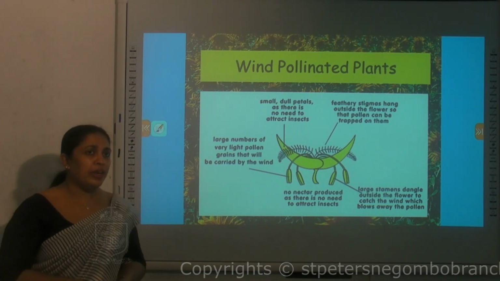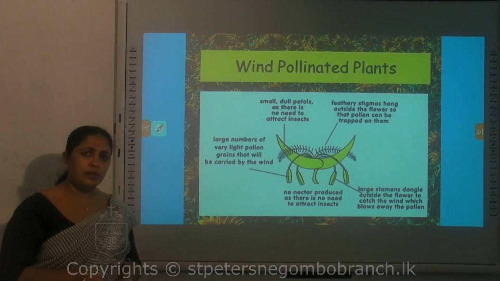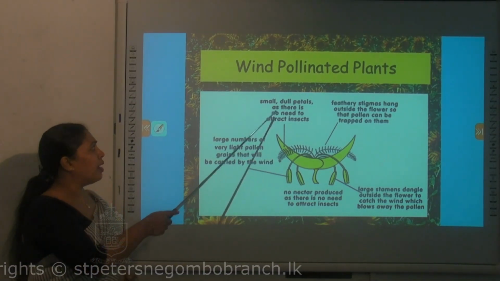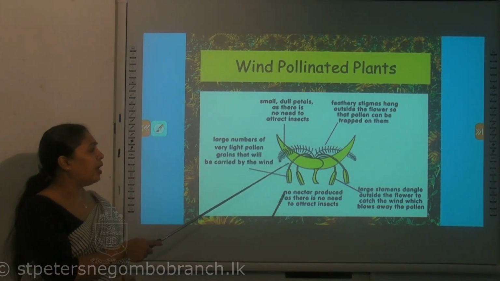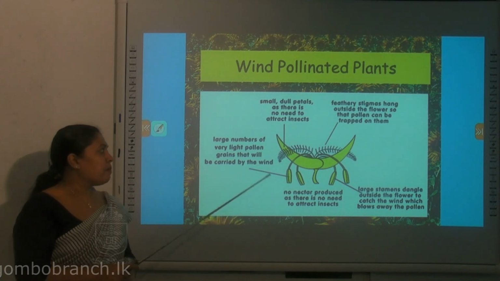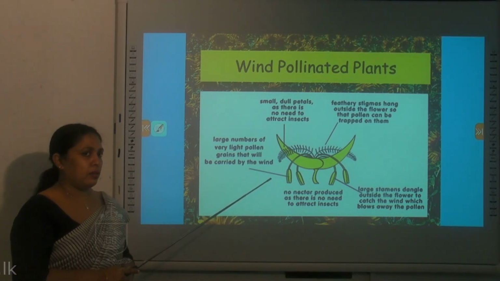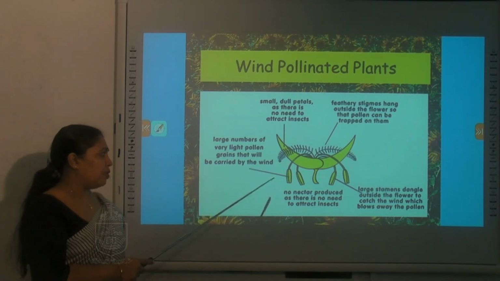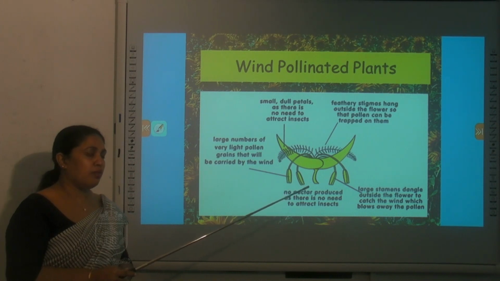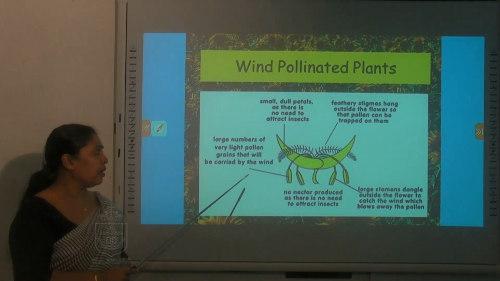Wind pollinated flowers are different. You can see the flower is not attractive, nor does it need brightly colored petals, so small petals are there. Also a large number of pollen grains are produced, because when it is dispersed into the air there is a possibility of waste.